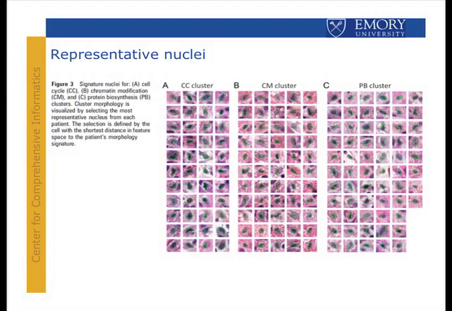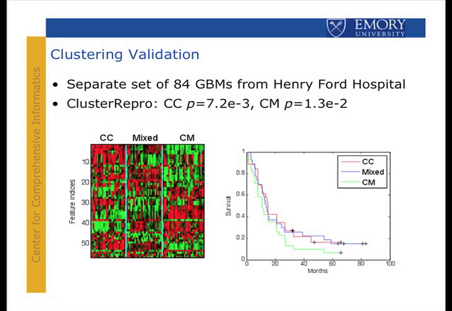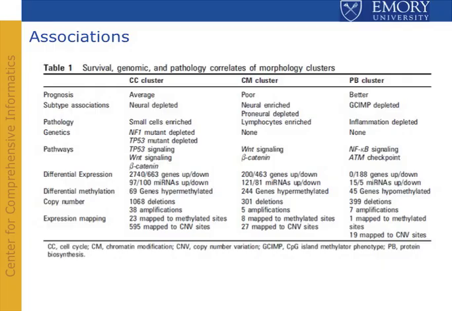Just to give an idea as to what these nuclei look like, we generated representative nuclei for each cluster, did a validation with 84 GBMs from our Henry Ford collaborators, so these were separate patients, and found clear separation, at least between the worst cluster and the best cluster, not as good a separation with the middle cluster, and then went through the usual bioinformatic gene enrichment analysis.